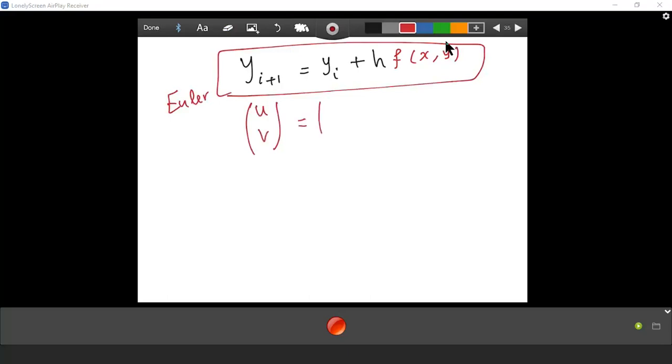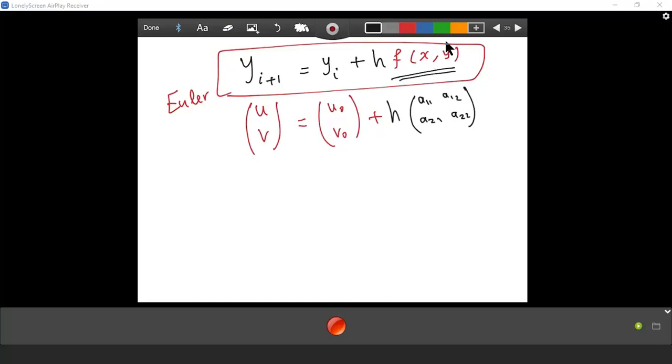So here you have u naught and v naught, plus your step h, and instead of f, you have the coefficient matrix here, with entries A11, A12, A21.